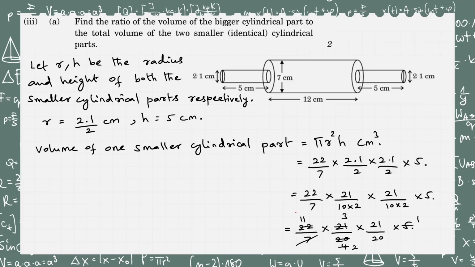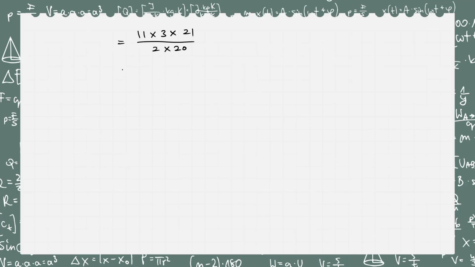So we are left with 11, 3, 21 in the numerator and 2 and 20 in the denominator. Let us continue. The product of 11, 3 and 21 will be 693 and the product of 2 and 20 is 40.